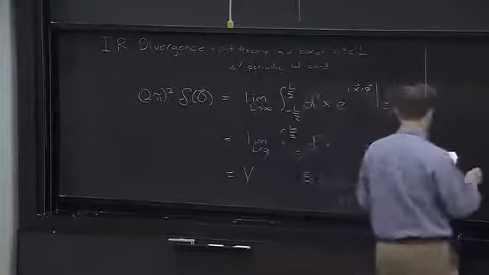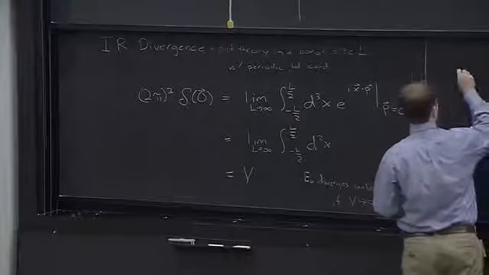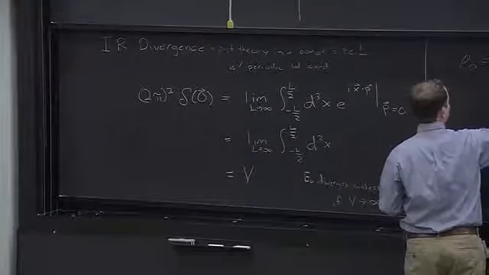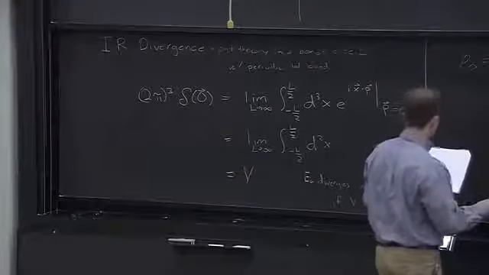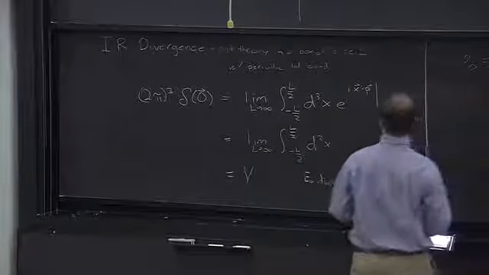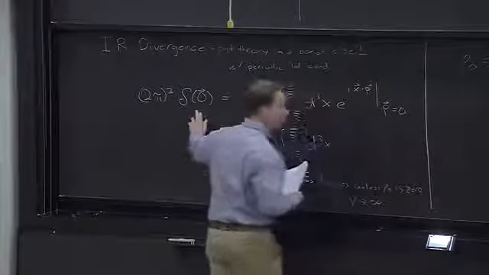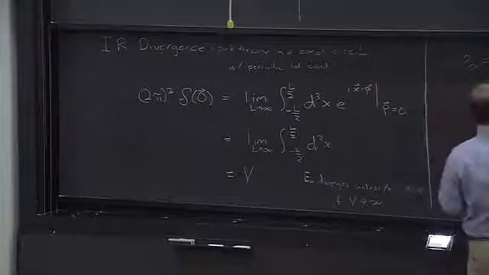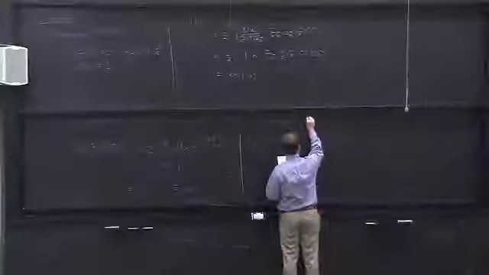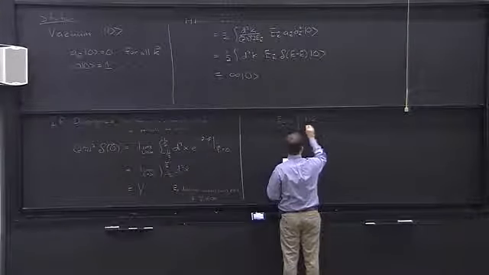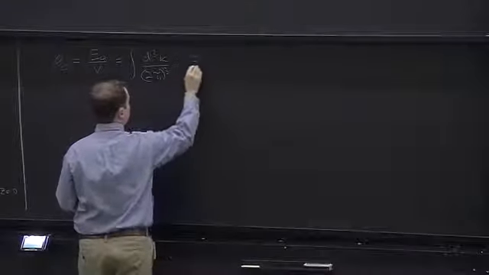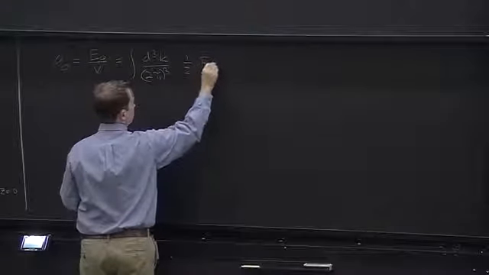Okay. So the energy density is E_0 over V. And we'll interpret this (2 pi)^3 delta of 0 as V. And so if we do that, what we get is this integral, which still diverges.